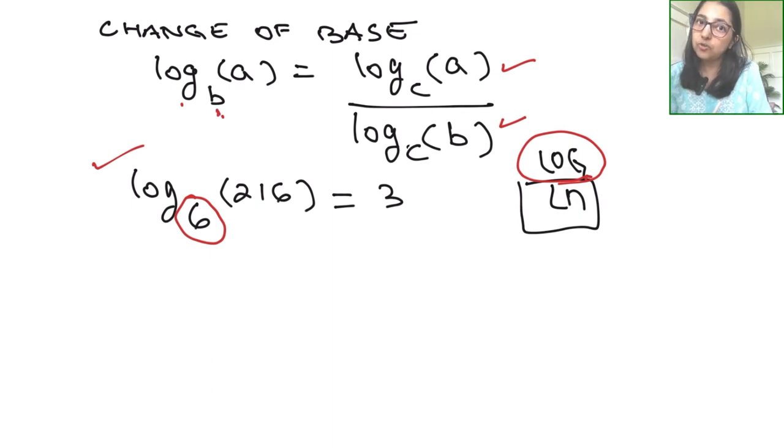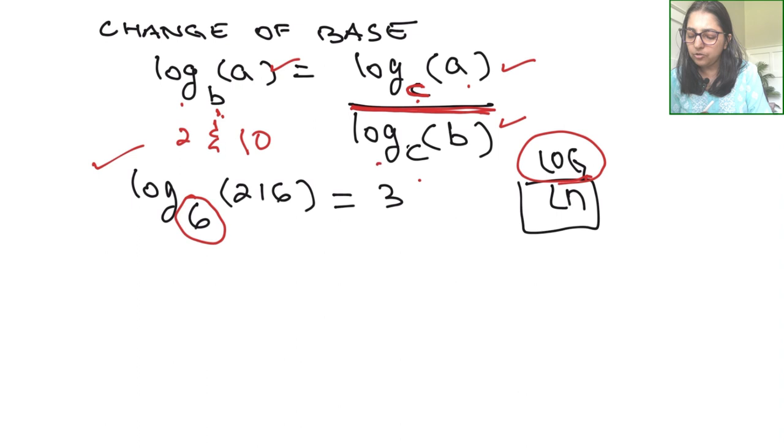Remember, it has to be a positive number and not equal to 1. So between 2 and 10, you can pick any number for the base and just substitute that here in this equation. So log to the new base c of a divided by log to the new base c of the old base.